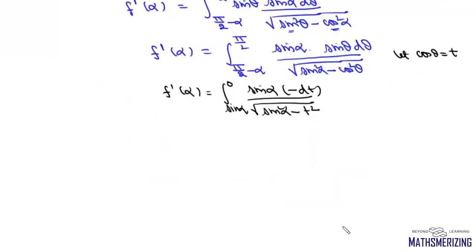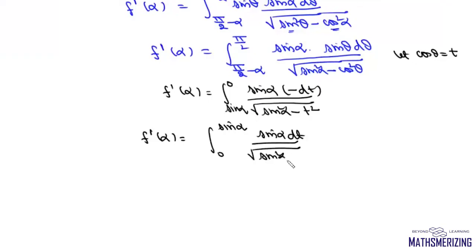So we'll get these limits, and then f dash alpha is this integral from 0 to sin alpha of dt upon under root of sin square alpha minus t square. Now here sin alpha is constant and the integral of 1 upon under root a square minus x square is sin inverse x upon a. So it will be sin inverse t upon sin alpha from 0 to sin alpha.